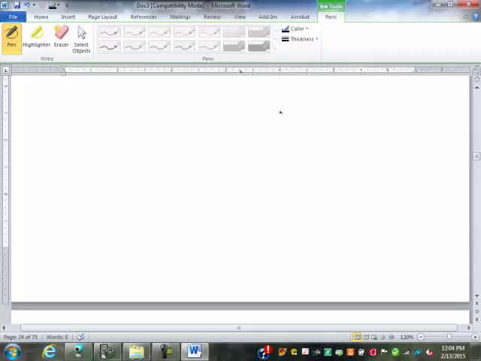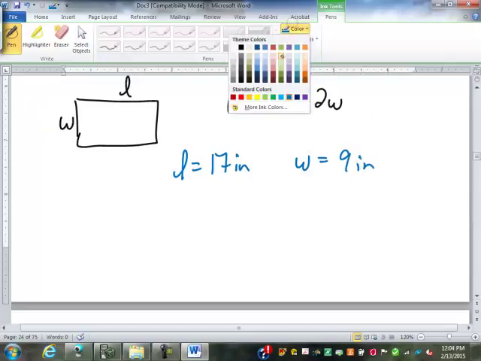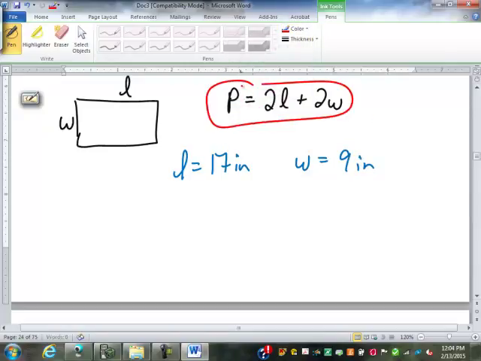The last topic we want to cover for today is dealing with expressions. A simple expression from geometry is the perimeter of a rectangle is equal to 2 times the length plus 2 times the width. So if I want to find the perimeter of a rectangle, if I'm given that the length is 17 inches and the width is 9 inches, I can just plug them into this formula here.